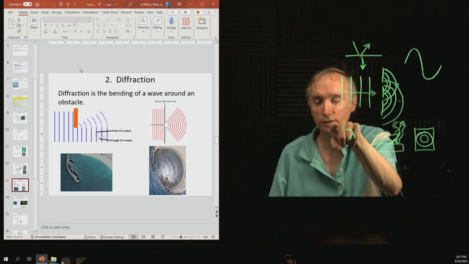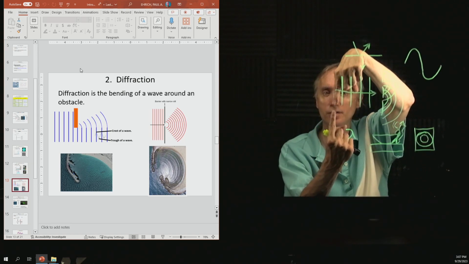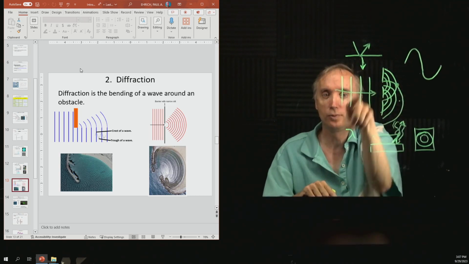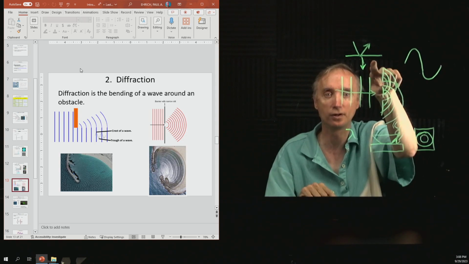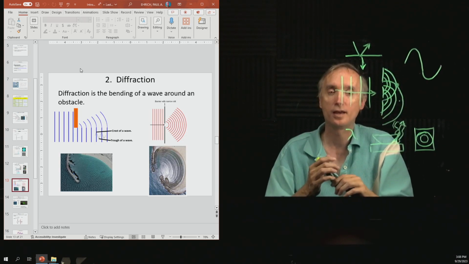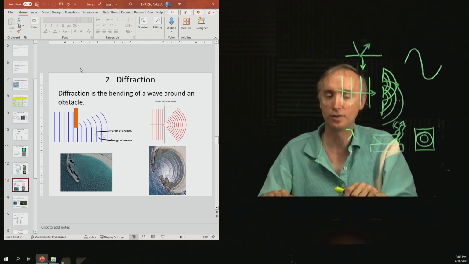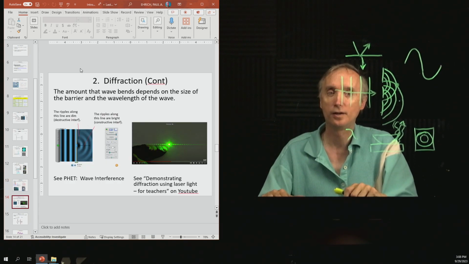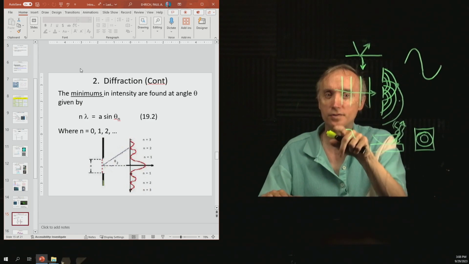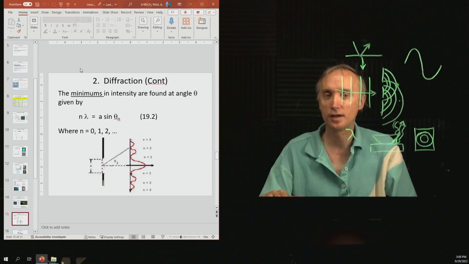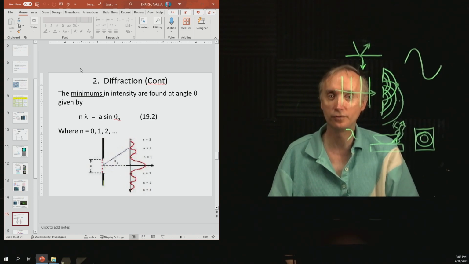And notice that when a wave goes through a single slit, it opens up into these circular things. And we can actually predict where or how much it's going to do this. This is a simulator that showed how it works, but here is the formula that allows us to calculate where you're going to have constructive and where you're going to have destructive interference.